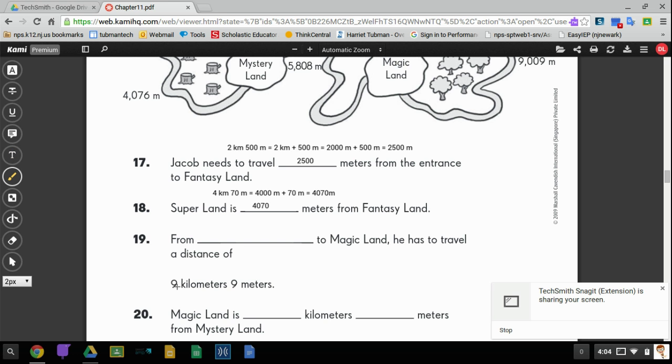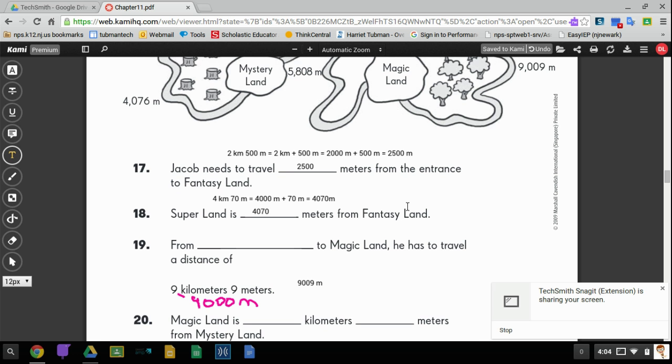When I split that apart, my 9 kilometers, I know that this is really 9,000 meters. So when I add 9,000 to 9, I'm going to get 9,009 meters.